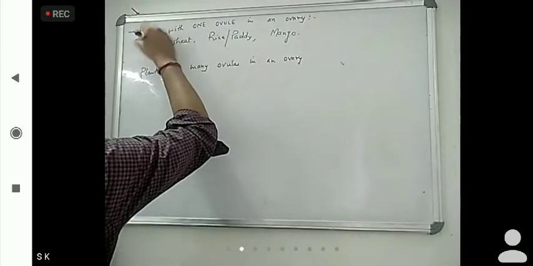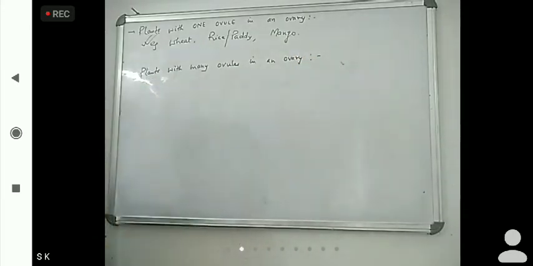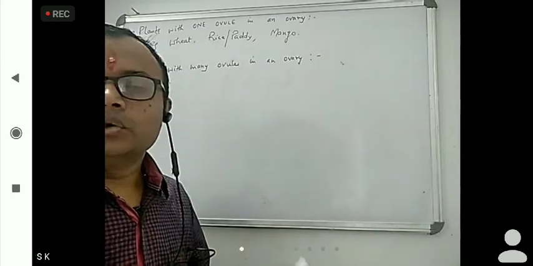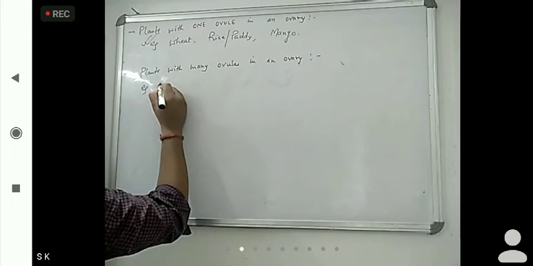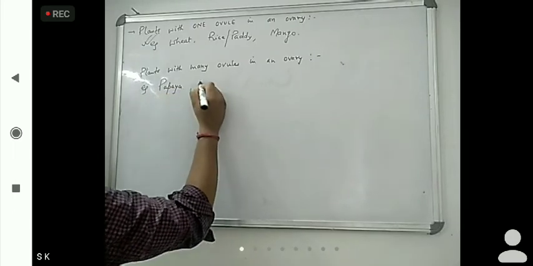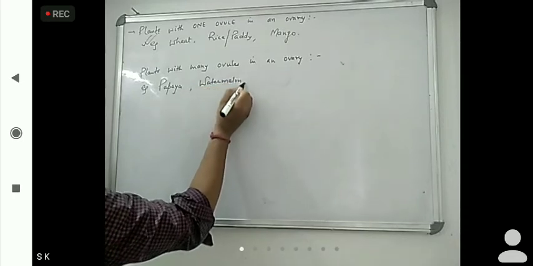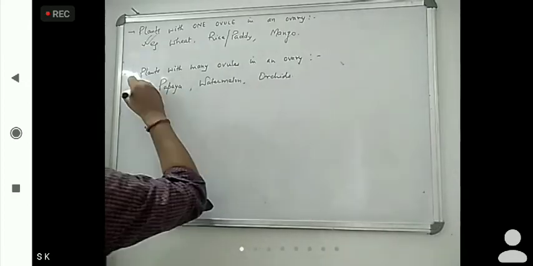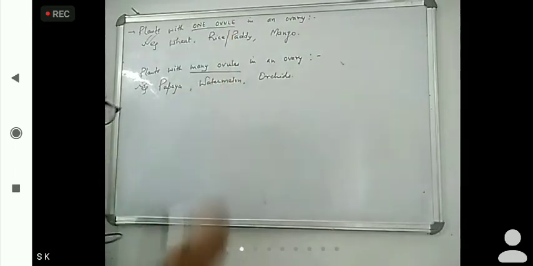This is important, you have to remember it. Examples are papaya, watermelon, and orchids. So these examples have many ovules, and the earlier ones have one ovule.